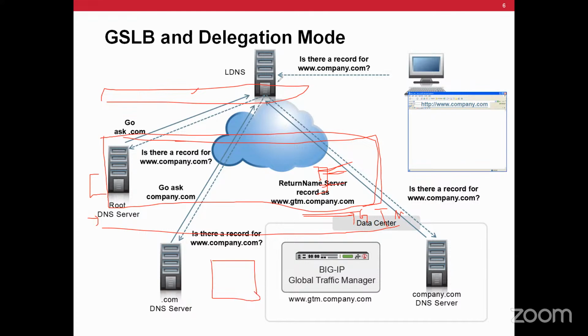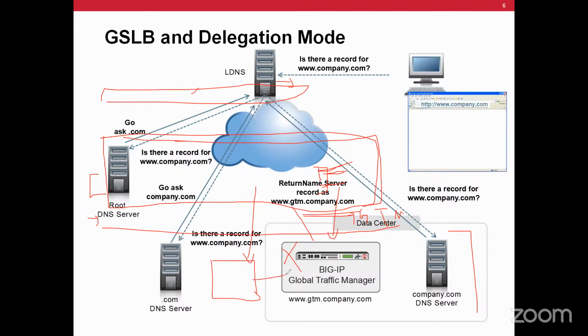Now if LDNS gets two records, it's not like it will try to connect only to this one, because LDNS doesn't know if my GTM is still alive. Let's suppose this is down, then your service will be down. So if DNS gives two records, the LDNS will try on both. It will send the request on both at the same time.